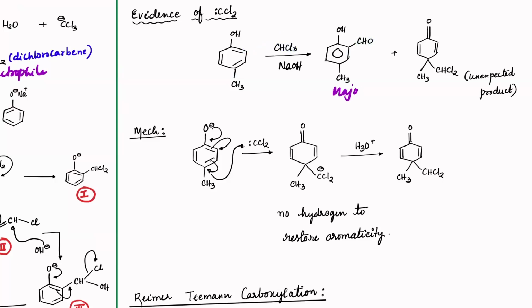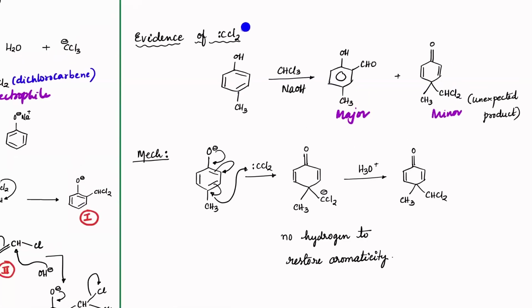But at the same time, there is a minor product which is forming. That is, imagine from the para position when this attacks on CCl2, correct? You are getting this one as an unexpected minor product. And this minor product is evidence that there must be CCl2 that got attached here. So that's the evidence of the existence of CCl2 here. Okay, so you can see the mechanism also here, how CHCl2 is formed.